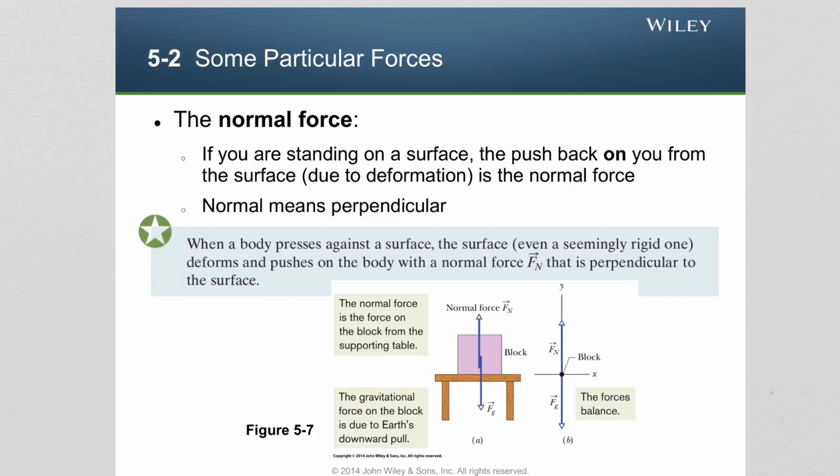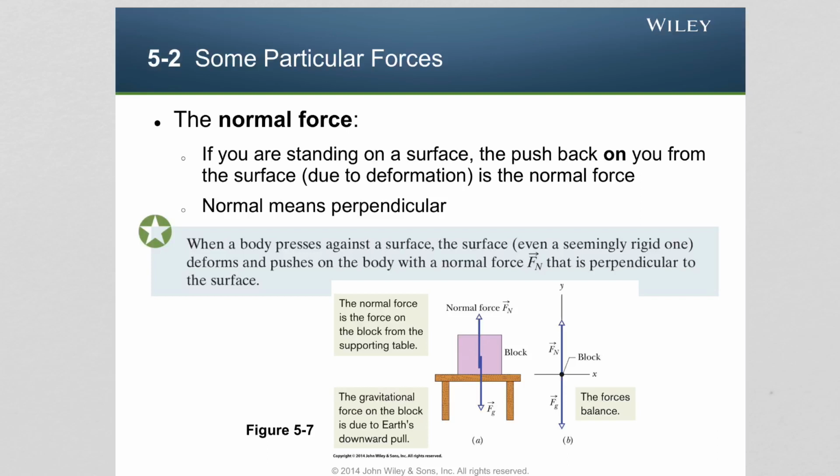So the normal force, Fn, is always present when an object applies its weight or pushes down with its weight on another surface. The normal force is always perpendicular to the interface between the two objects in contact.